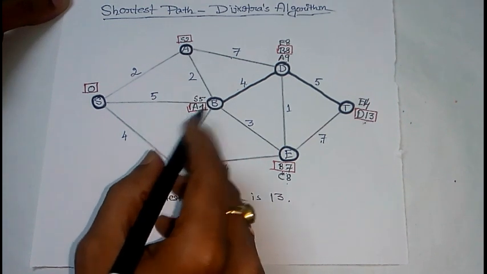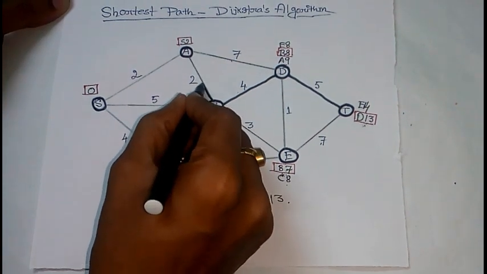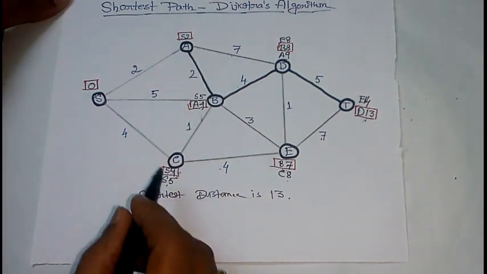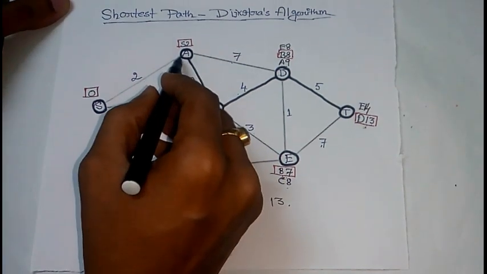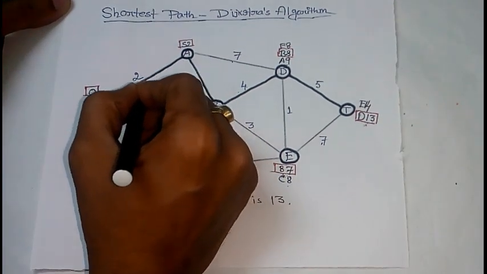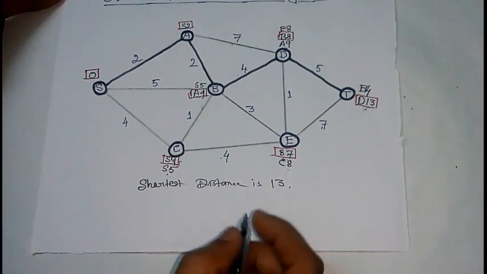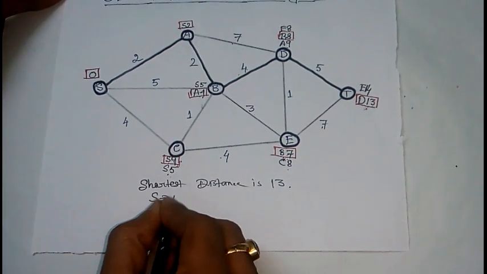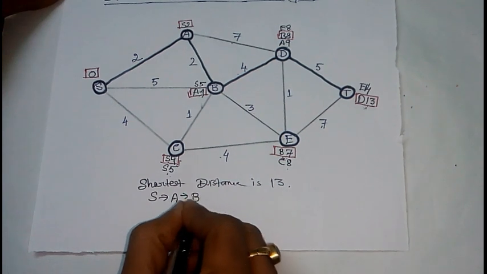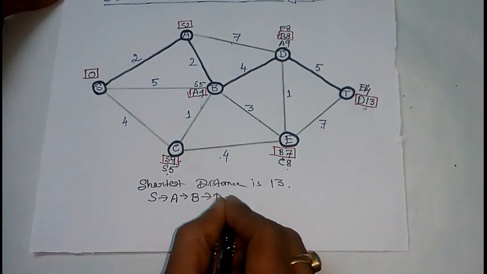That is A4, that means we have to move from B to A. And finally from A to S. So this is one shortest path.